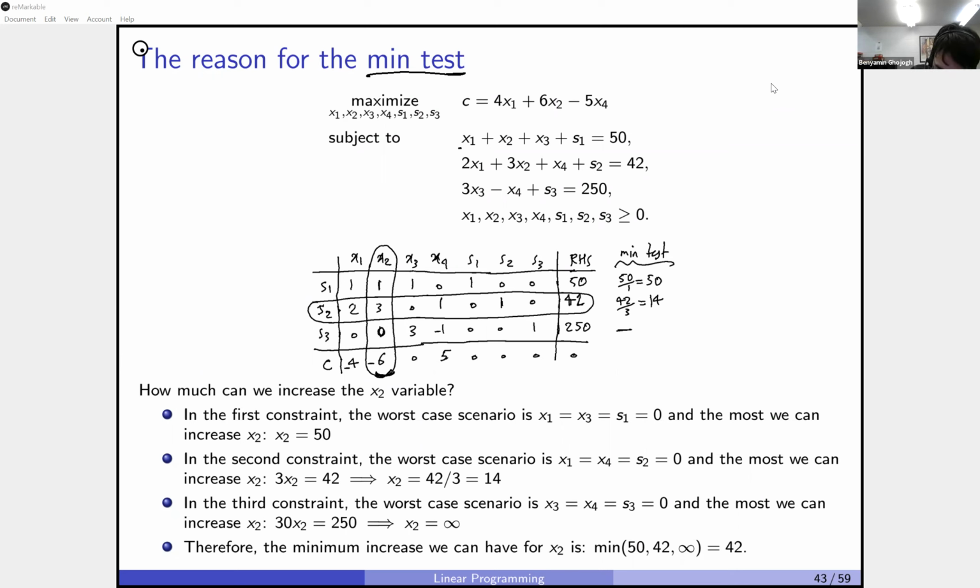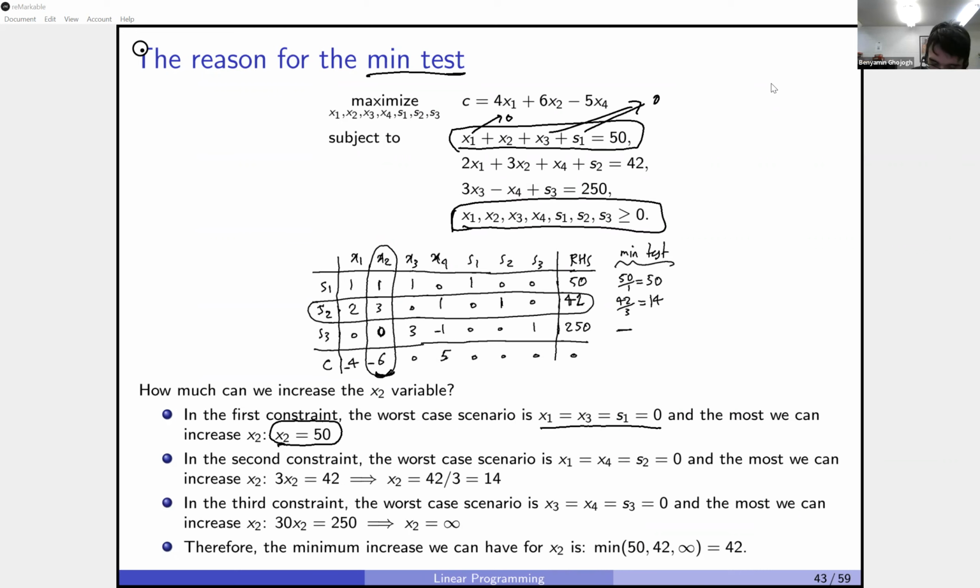The worst case scenario is that x1 equals x3 equals s1 equals 0, and the most we can increase is x2, right? Because we chose x2 as a pivot column, and if we set these to 0, they can't be negative because of this default constraint. The worst case scenario is that we set the other ones to 0 and x2 will be 50, right?